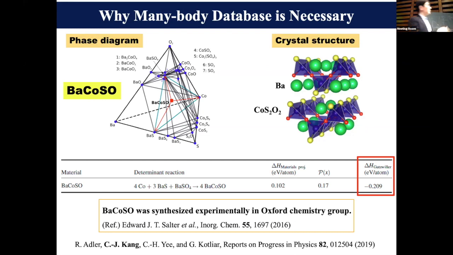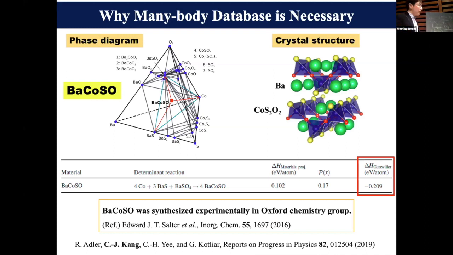However, in the previous talk, Megan mentioned that BaCoSO was eventually synthesized in experiment. Also in 2016, an Oxford chemistry group reported that they successfully synthesized this material. This finding encourages us to check the global stability more thoroughly.